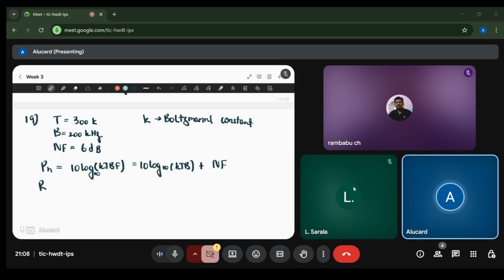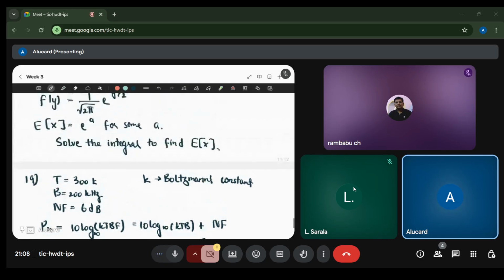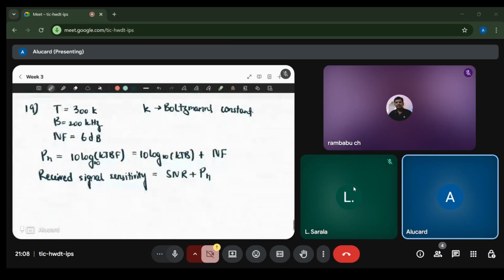Next, you have the received signal sensitivity, which is equal to the SNR plus the noise power.